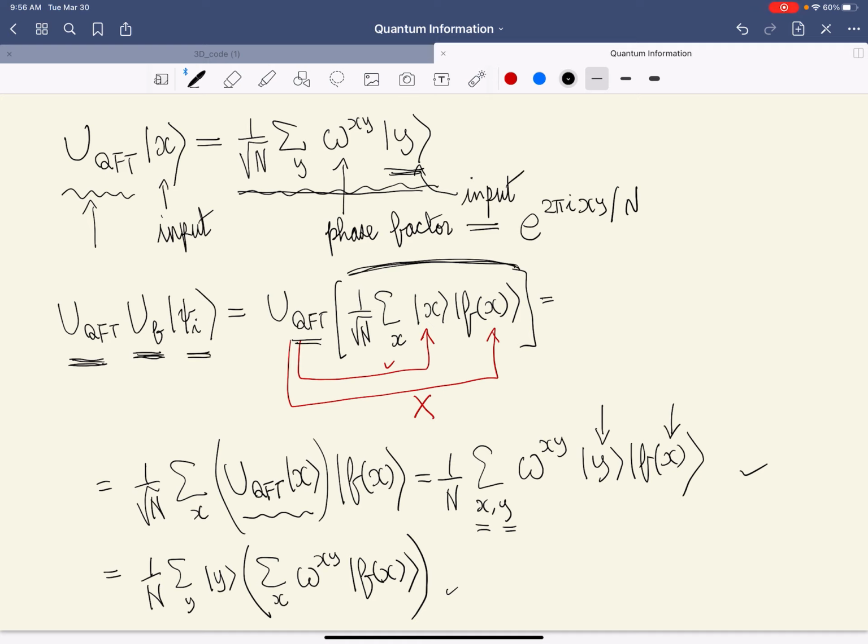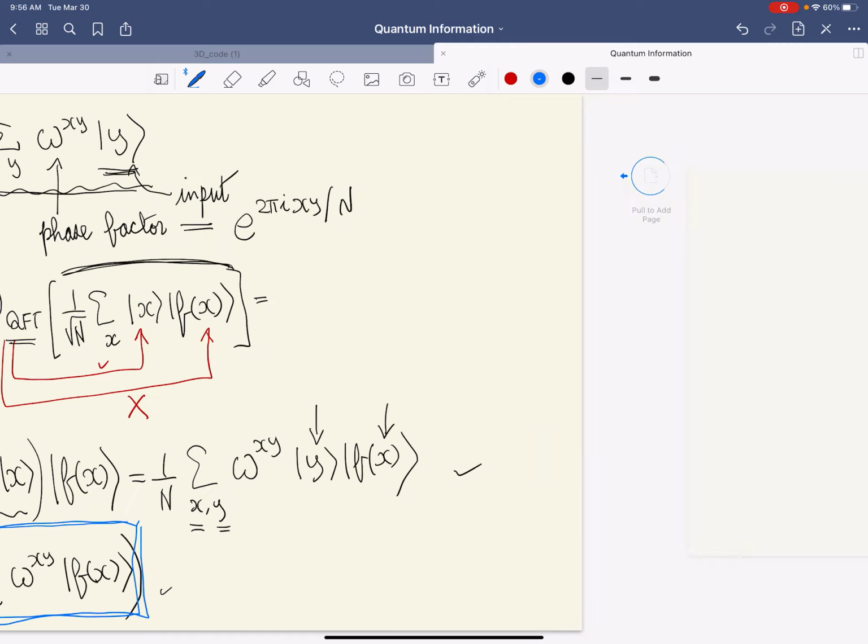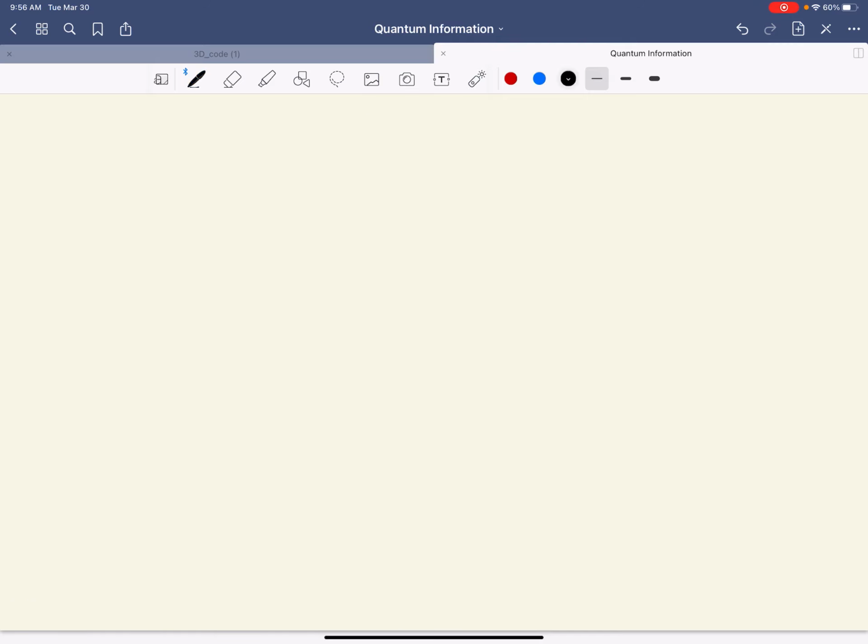The reason I have written it out in this way is because I want to do this summation first. So what does this expression mean? Omega to the xy acting on this output state. Well, let me restore the more explicit form of these phase factors.